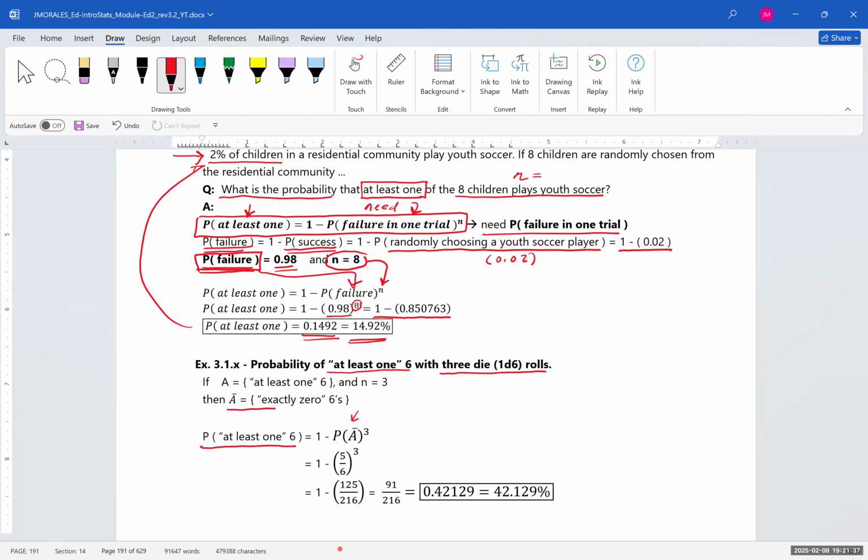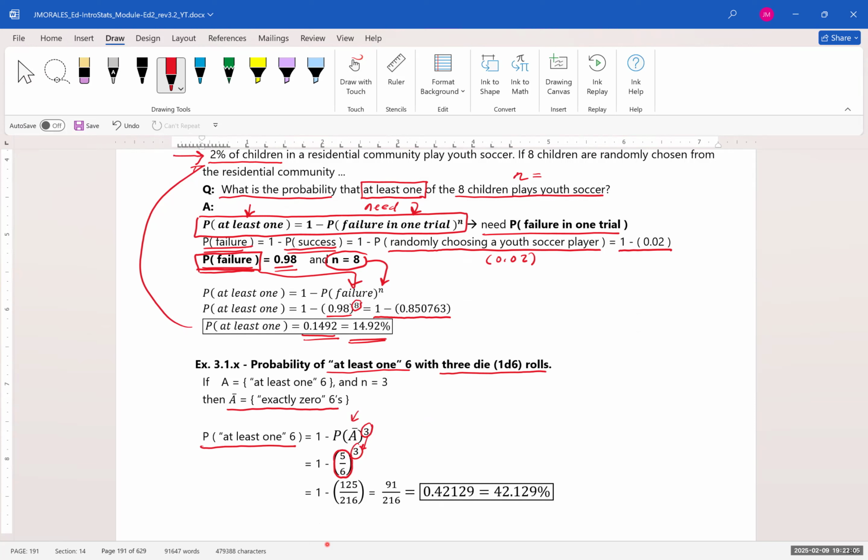Well, the complement is getting exactly 0 sixes. So what's the probability of not getting a 6? That's going to be 5/6, because you have 1, 2, 3, 4, and 5. Those are all outcomes of a six-sided die that aren't six. And it's going to be out of three die rolls, so that's going to be the third power.